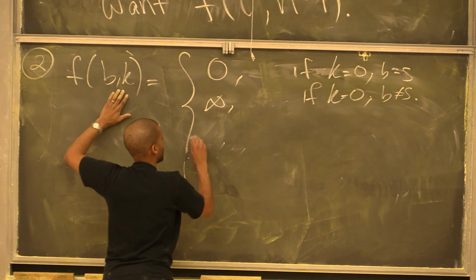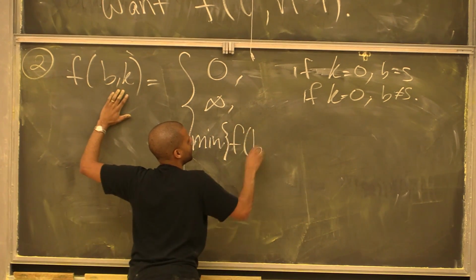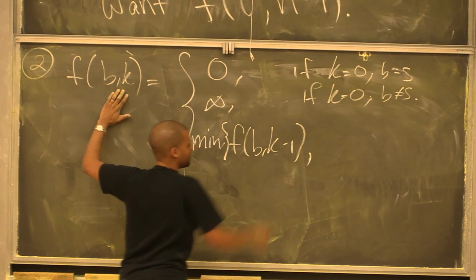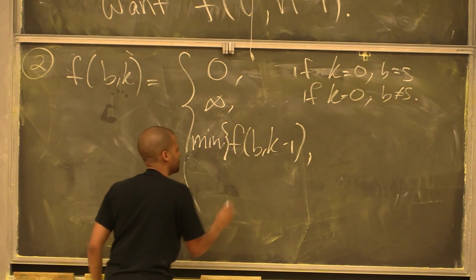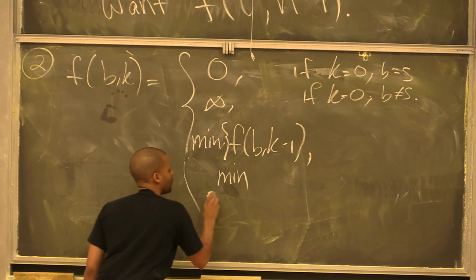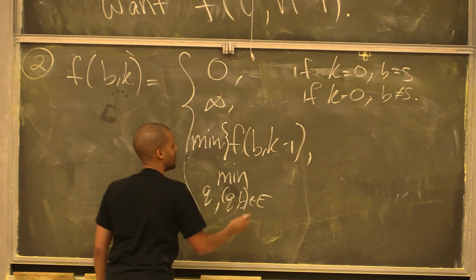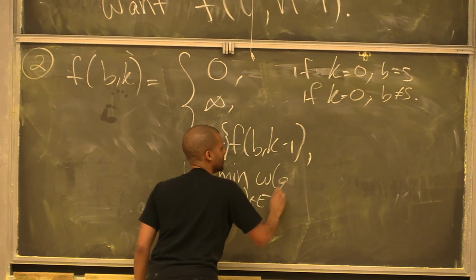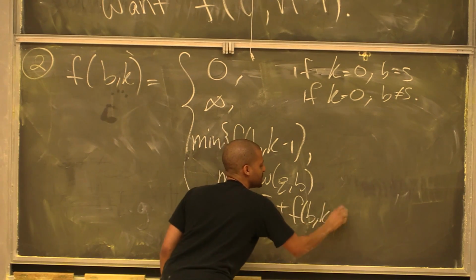So one of the things I'm allowed to do is min of f of b, k minus 1. I don't have to use the kth edge. And the other thing is loop over all vertices q that point into b. So the min over all q such that qb is an edge of the weight of the edge from q to b plus getting to q in at most k minus 1 edges.